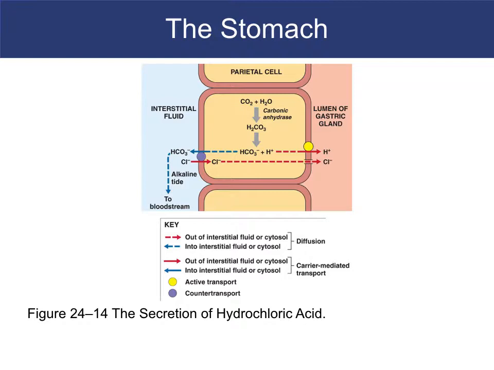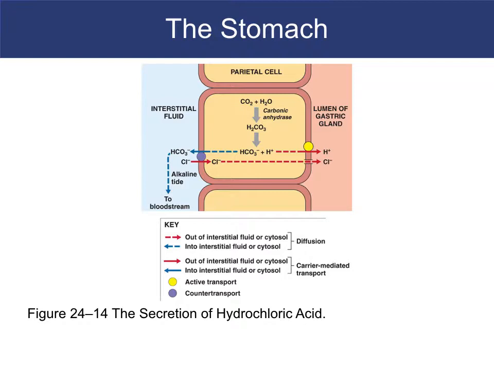HCO3 is bicarb, which is an alkali, right? So if you're pulling enough alkali out so that you have acid to secrete, that creates what is called an alkaline tide. Alkaline tide from the stomach. From the wall of the stomach on the outside, you've got this alkaline tide, which can actually make you alkalotic. If you secrete enough acid into your stomach, your body can become alkalotic from this alkaline tide here.